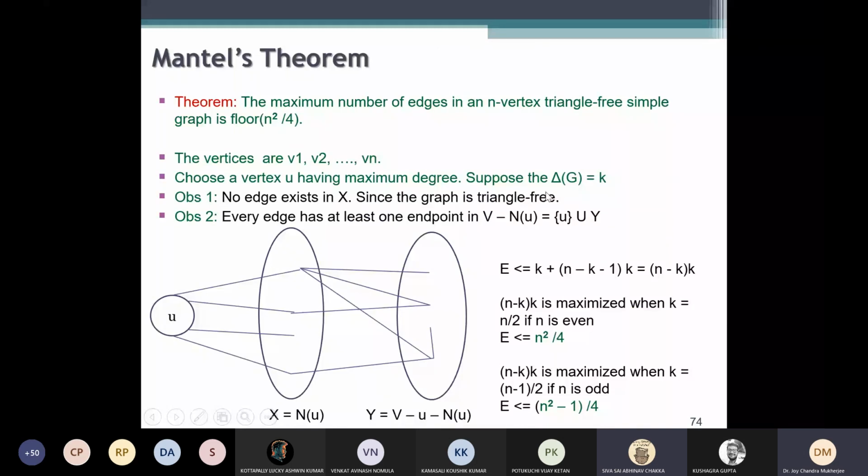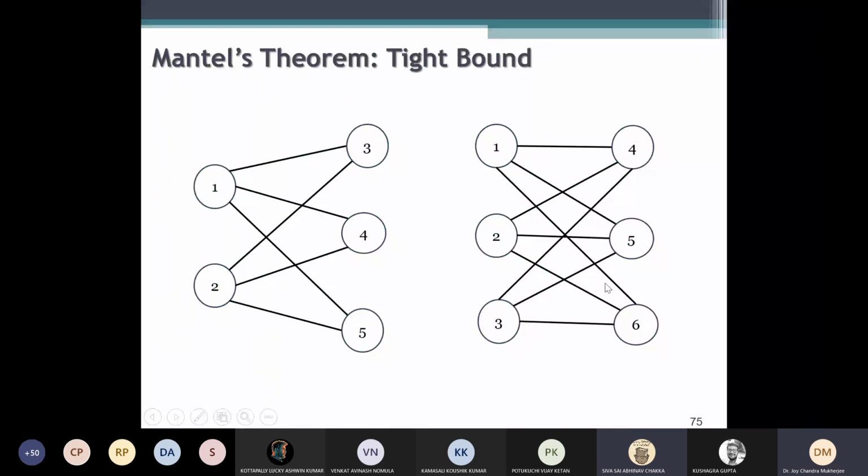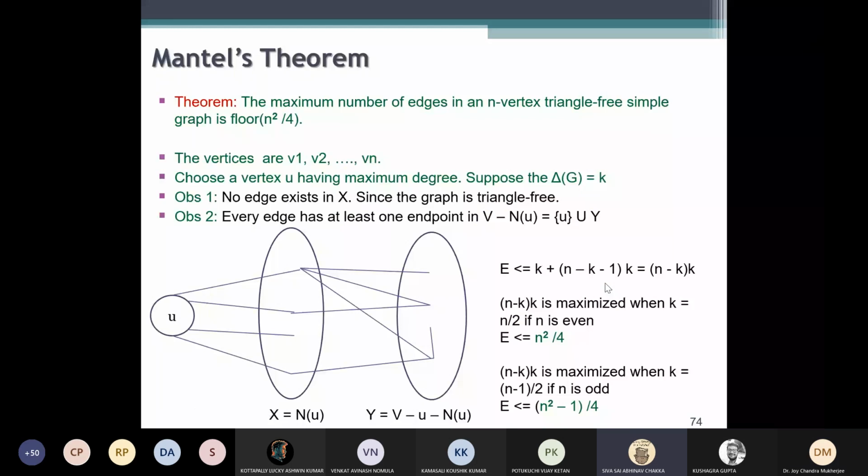Basically, it characterizes not only bipartite graphs, I should say it characterizes any triangle free graph. Even if the graph has a pentagon, which is an odd cycle, in that case also we know that the maximum number of edges is floor of n square by 4.